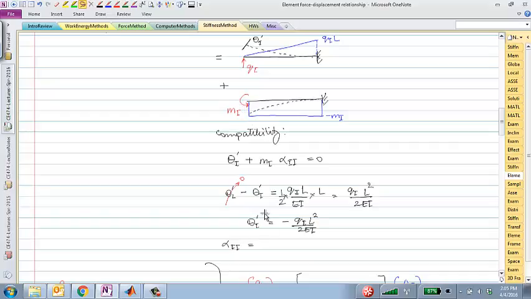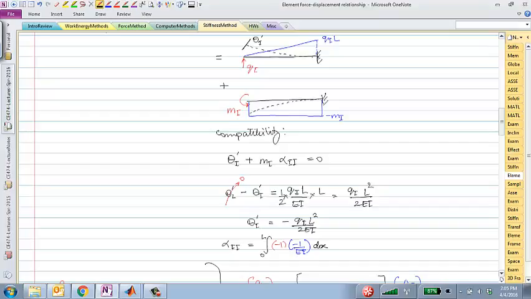We could write it as the integral from 0 to L of the virtual bending moment, which would be -1, right? I'll write the virtual bending moment in red. Real curvature, which would be that -1 again, 1 over EI, times dx.